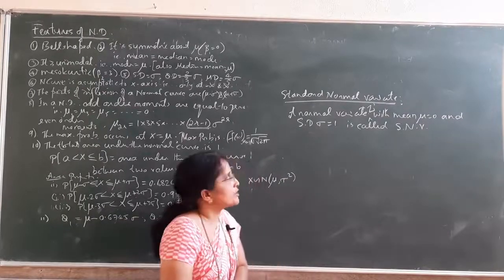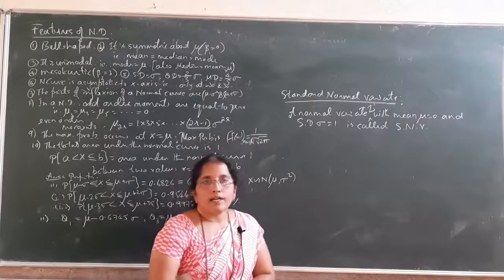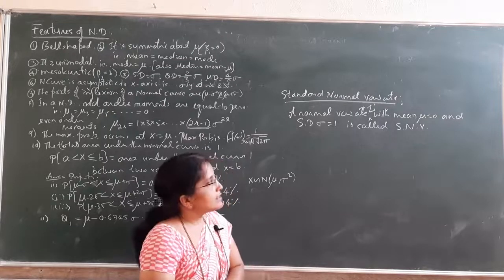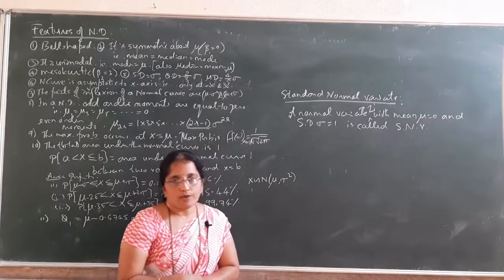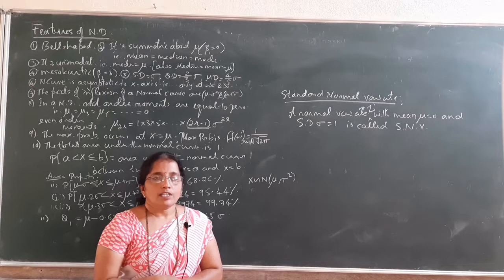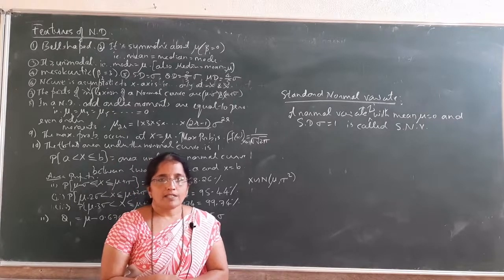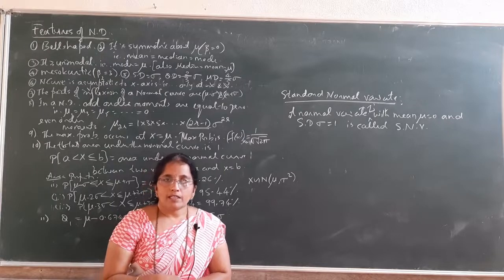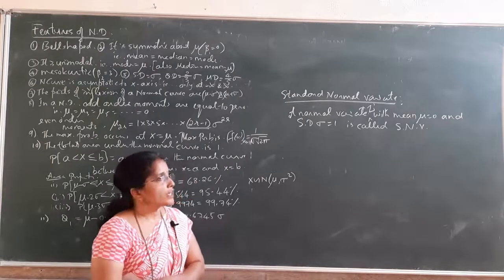Once again, I am going to repeat. A normal variate Z with the mean mu equal to 0 and a standard deviation sigma equal to 1 is called a standard normal variate. The distribution of Z is a standard normal distribution with the parameters 0 and 1.